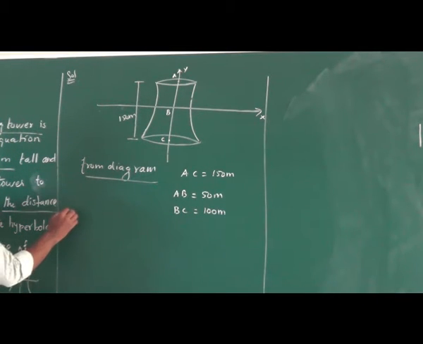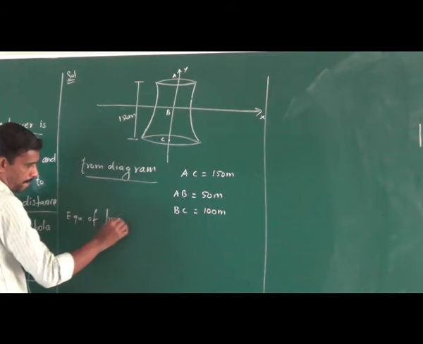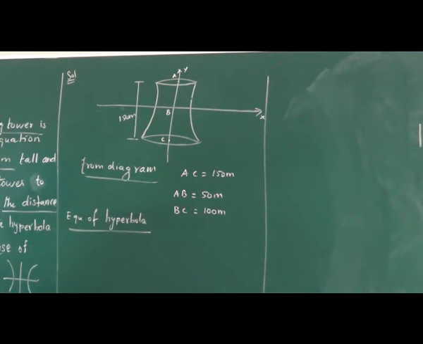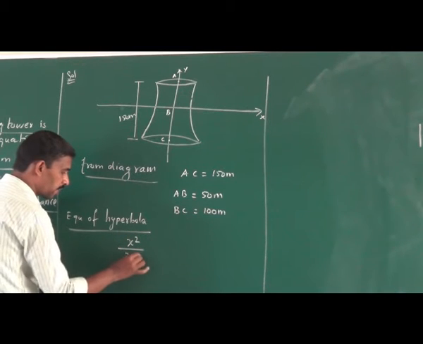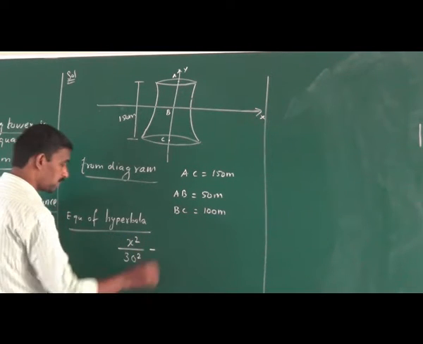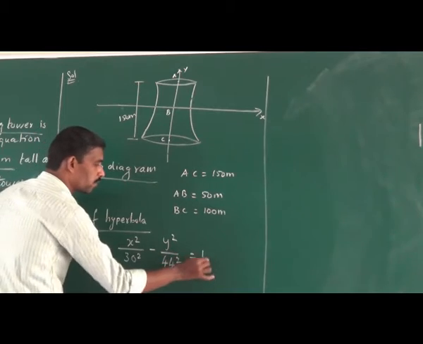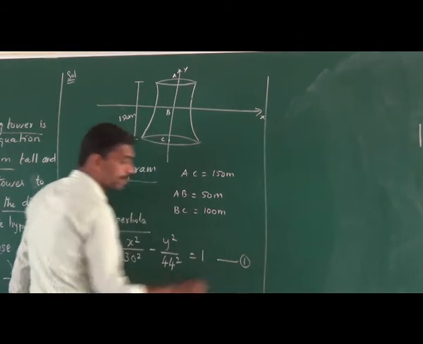Now, the equation of the hyperbola. The equation of the hyperbola is given already. This is x square divided by 30 square minus y square divided by 44 square is equal to 1. Let's name this equation 1.